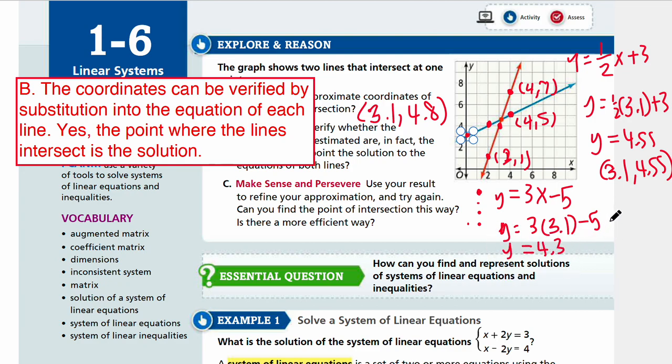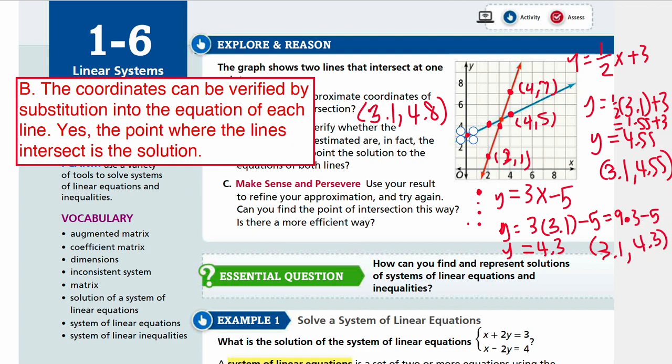Yeah, let me write that down. And then we have 3.1 comma 4.3.